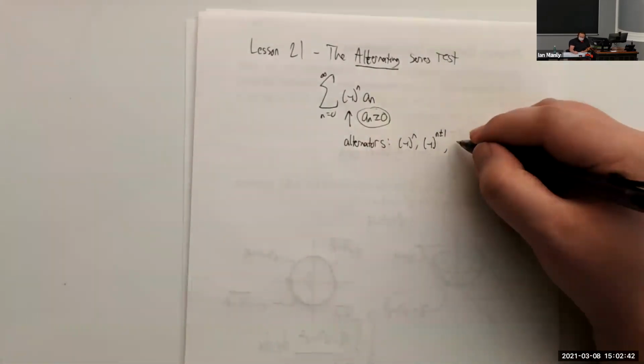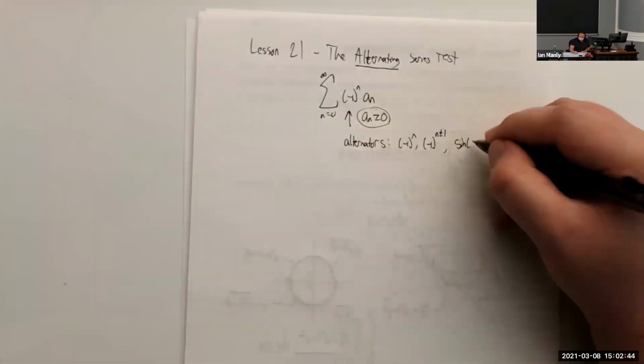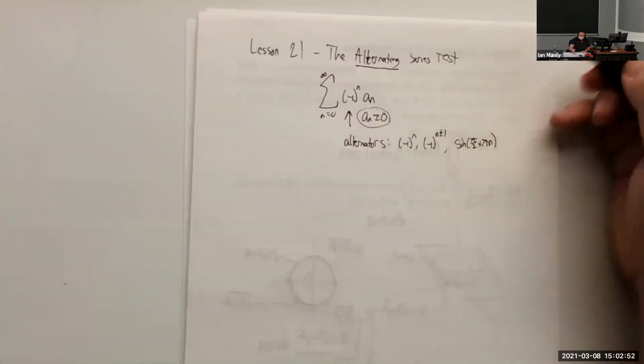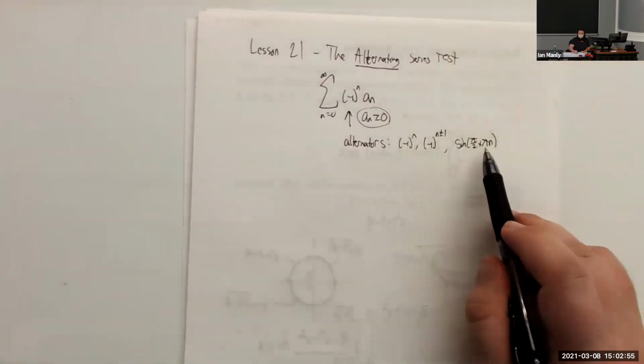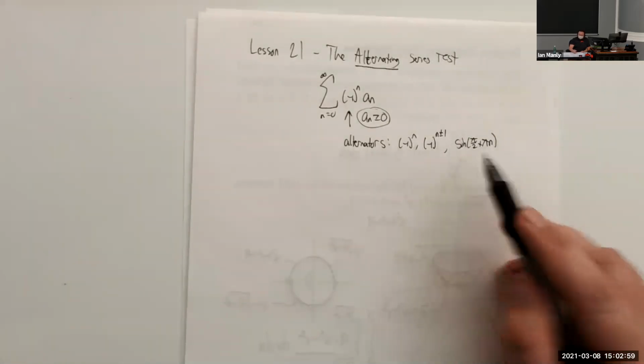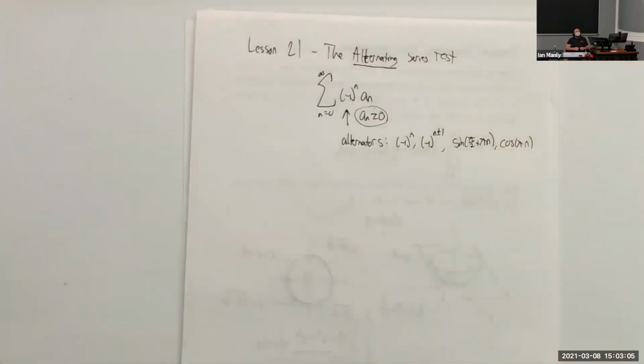Sometimes we'll see sine of pi over 2 plus pi n. This is always going to land on an odd multiple of pi over 2, and that will always be 1 or -1. Cosine of pi n is one of them, and there are a bunch more that you can create. All you essentially need to do is flip sign every single time.